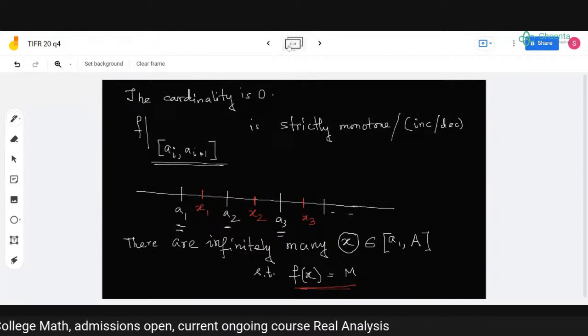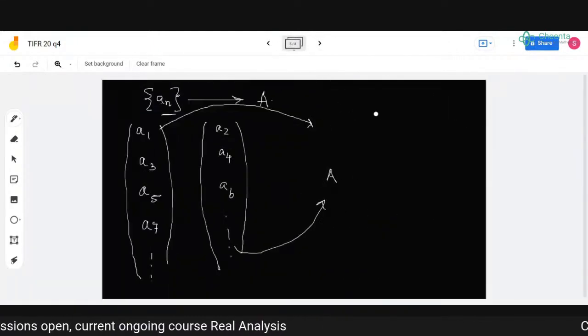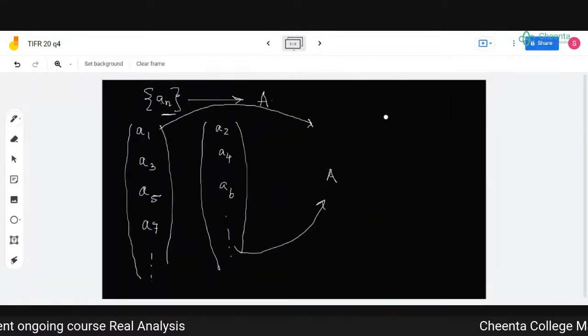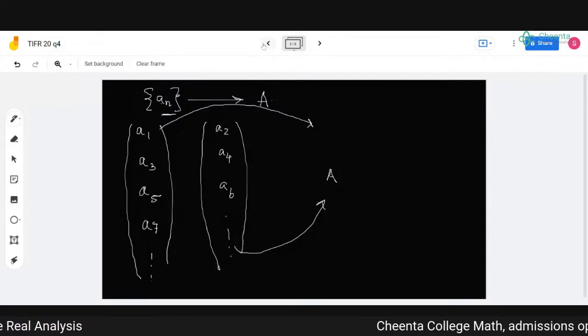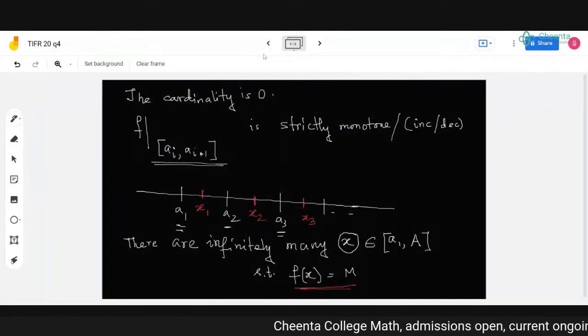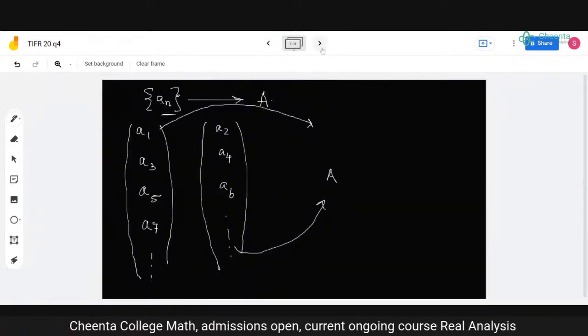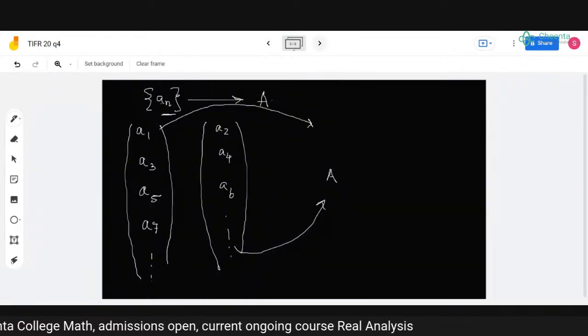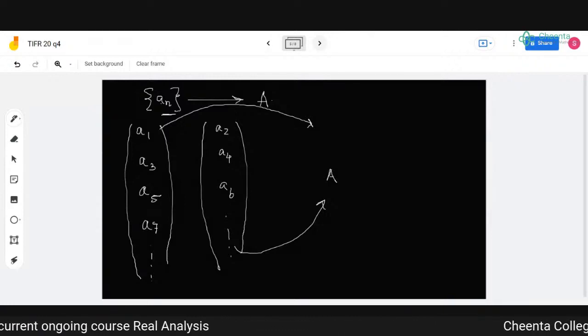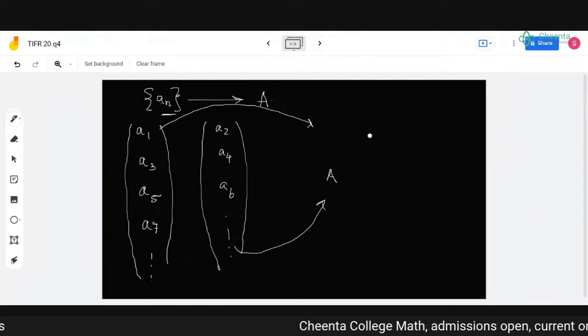So for the x_i's for which f(x_i) equals n, we can actually make them bounded by the elements of these two convergent subsequences.